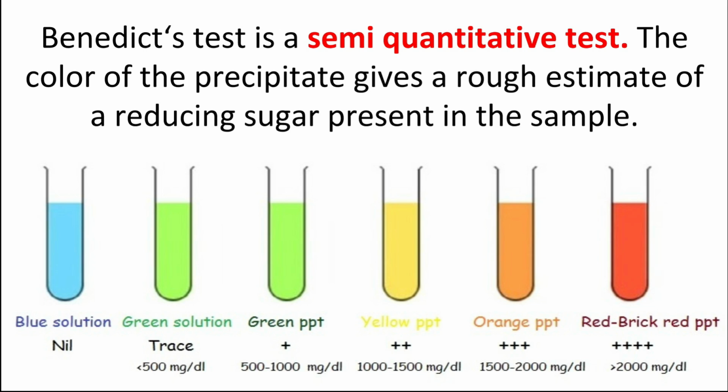Now remember this, some compounds like vitamin C and aspirin interfere with the test and can give a false positive. So if your urine contains such compounds, your test will be positive even if sugar is absent.